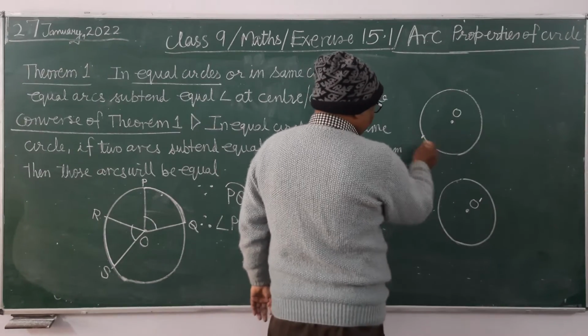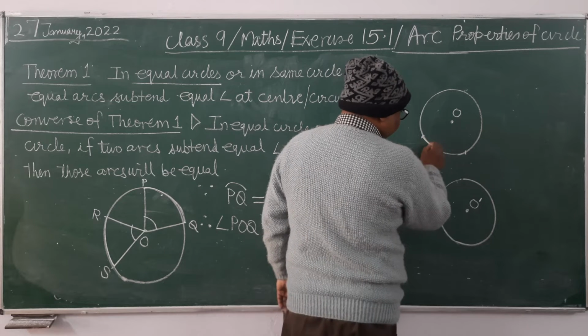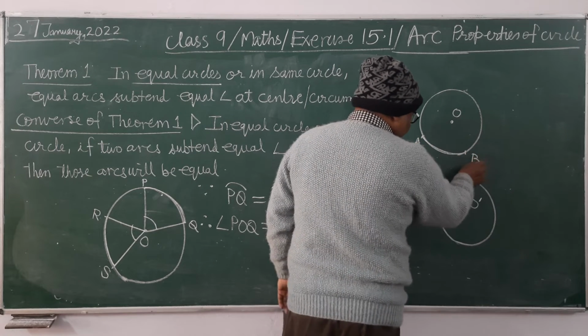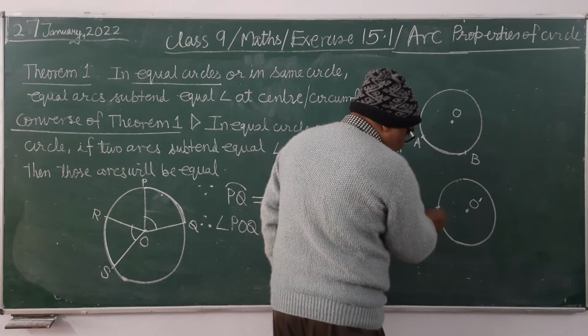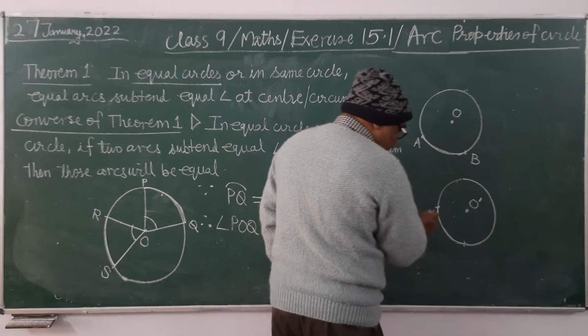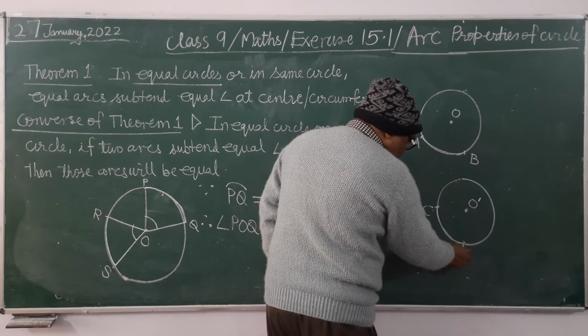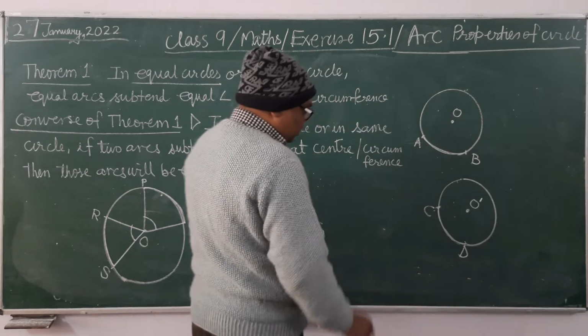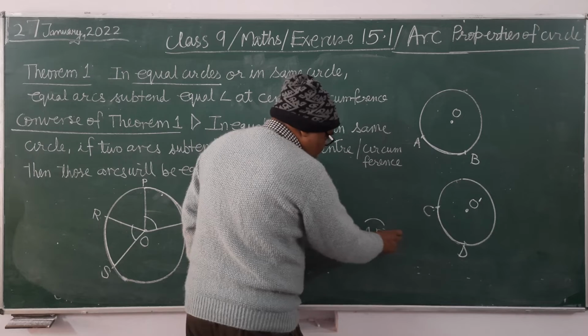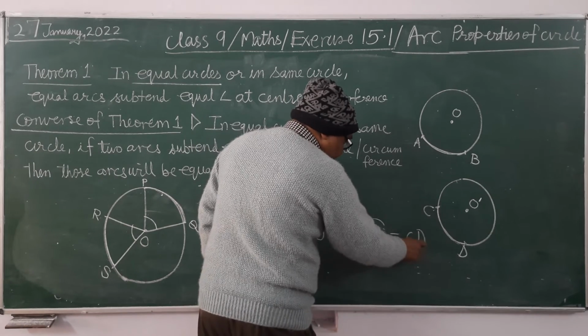Now this is an arc AB, and here this is an arc CD. Both the arcs are of equal length. Here it is given arc AB is equal to arc CD.